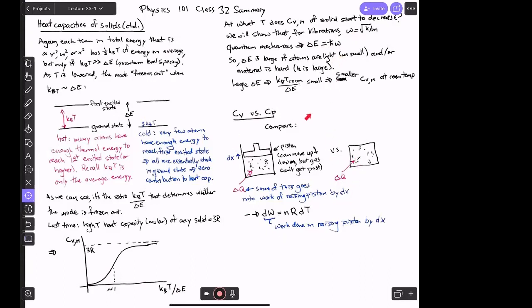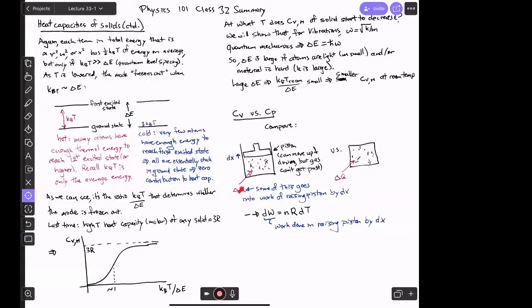Then we just started talking about CV versus CP, the heat capacity at constant volume versus that at constant pressure. So we're comparing these two systems: one where there's a piston that can move up and down, and one that's in a box of fixed volume. When we add the same amount of heat to both of these, the piston is going to move upward as the gas gets hotter.